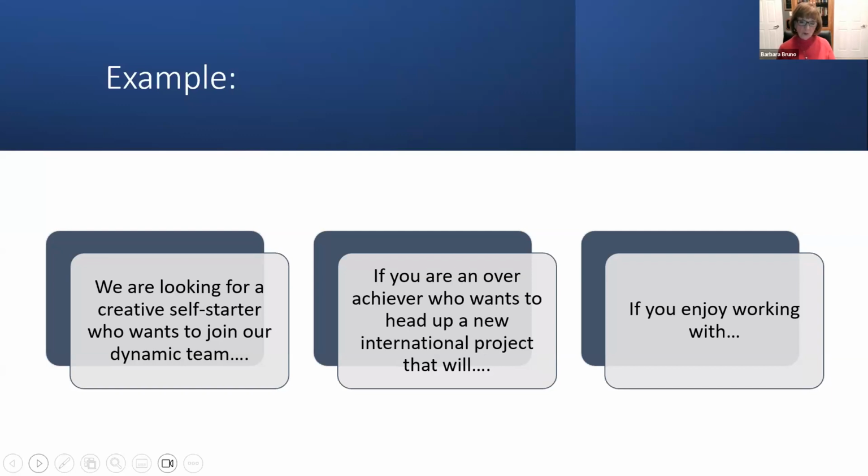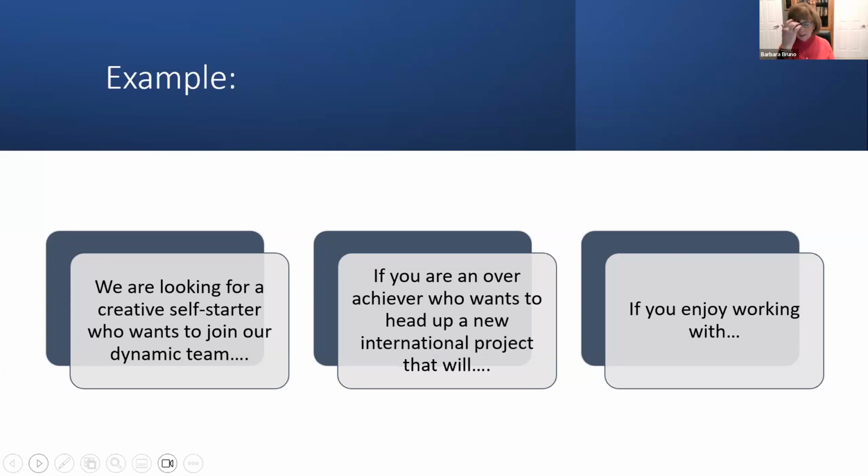Or, if you're an overachiever who wants to head up a new international project, that will start out with an overview of the impact this person's going to have, and get them excited about being not only a part of your company, but a part of a team. This is how your job requisition should start.